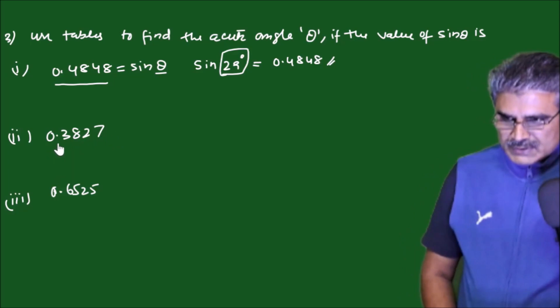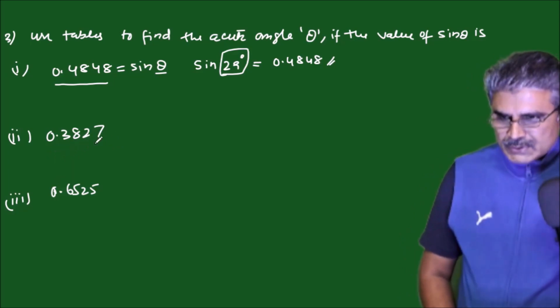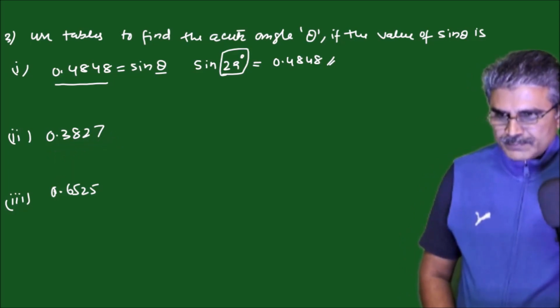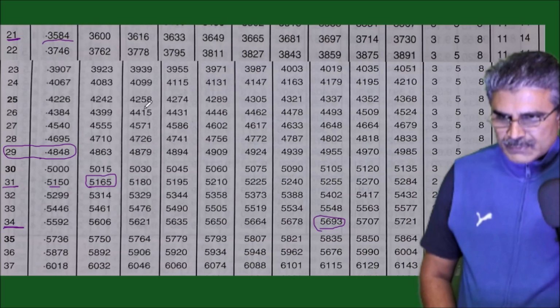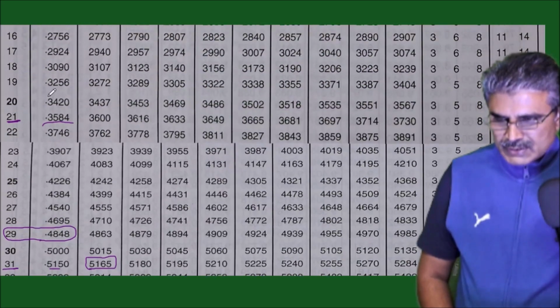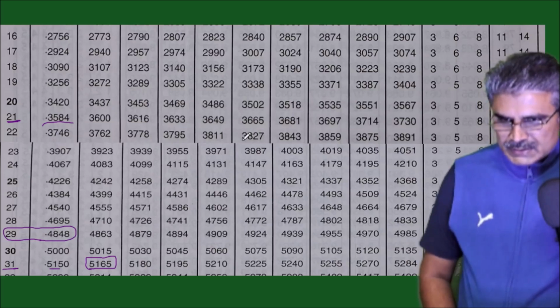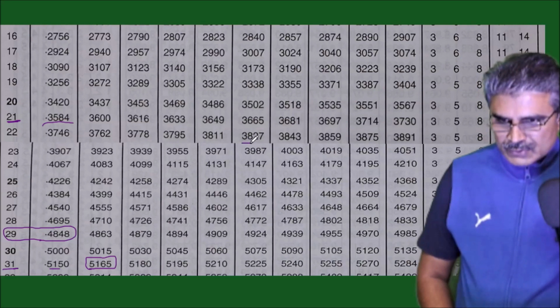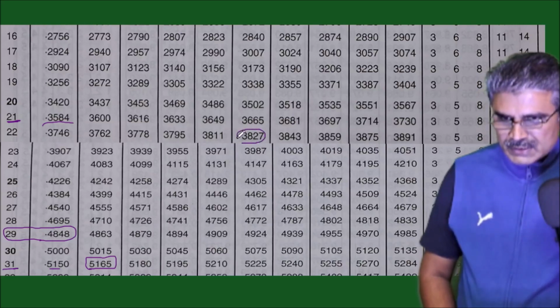Now go to the second one, which is 0.3827. Check this value in the sine table, 3827, 38. So here seems to be this one, nearly this one, 3827. So it is there, the value is direct. Which column is it in?